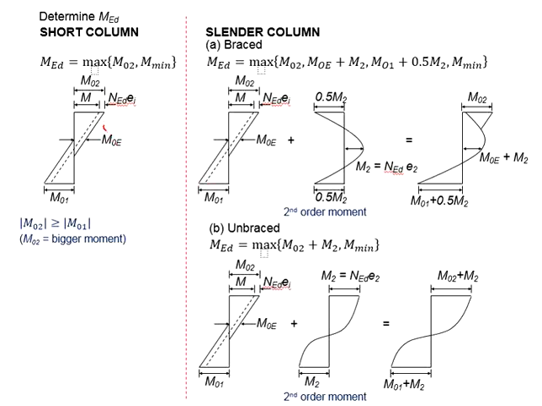Therefore, you don't have to find this M0E for the short column. In fact, you don't need to get this M0E also for the unbraced structure, since the final equation here is not governed by M0E. That means this M0E shall be unique to the slender and braced column.